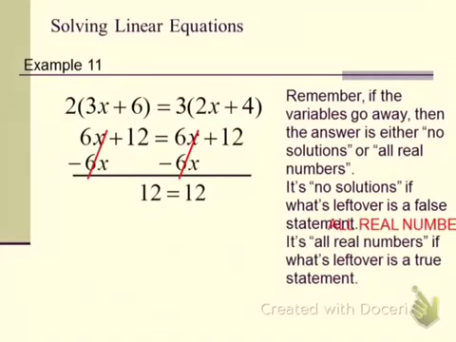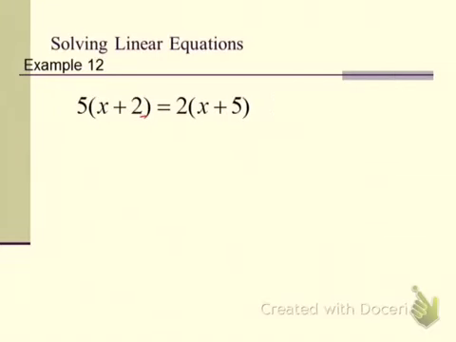Now here's the tricky part. The tricky part is this equation. What do you get when you distribute here? 5x plus 10 equals 2x plus 10. X equals 0. Yeah, he's right.